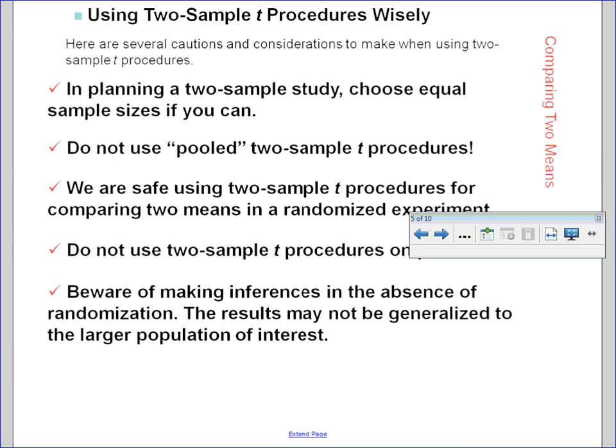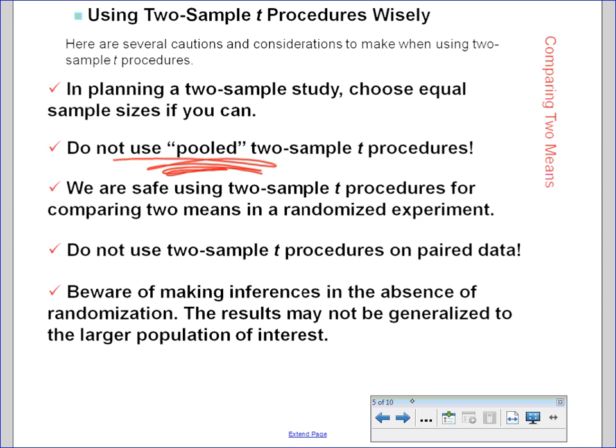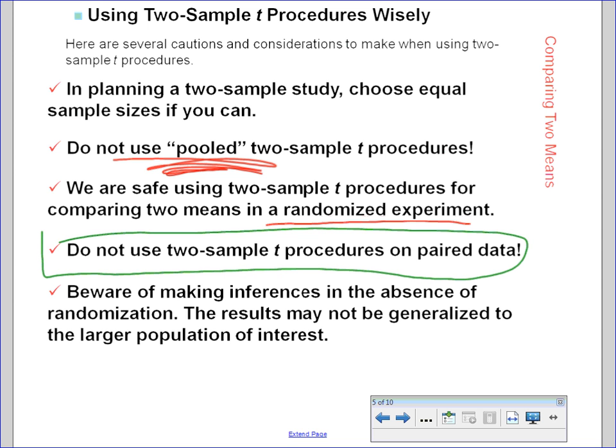We've talked about how we do not pool data on means, on T procedures. We can use two-sample T procedures for comparing two means in a randomized experiment. A big one here: a lot of times when you get paired data, people will accidentally use the two-sample T procedure.